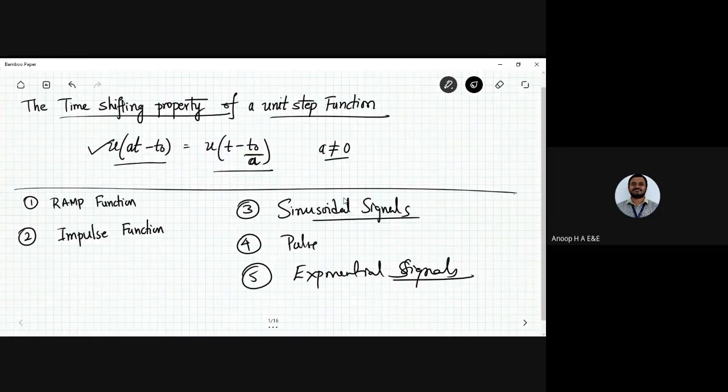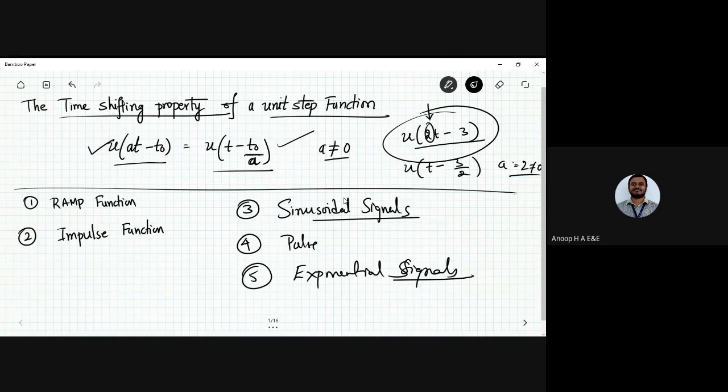So if you want to use a property where you have 2t minus 3, you can write it as u of t minus 3 divided by 2, where a, here, represents 2, which is not equal to 0. Any such properties, you can express it like this. So it is not a problem, and you can make use of certain things.